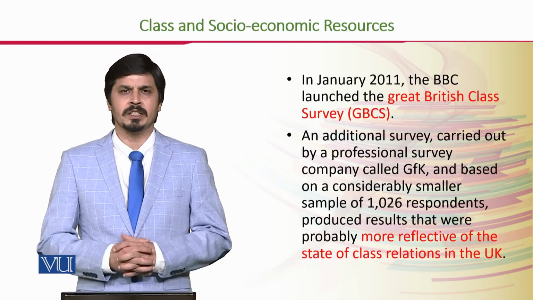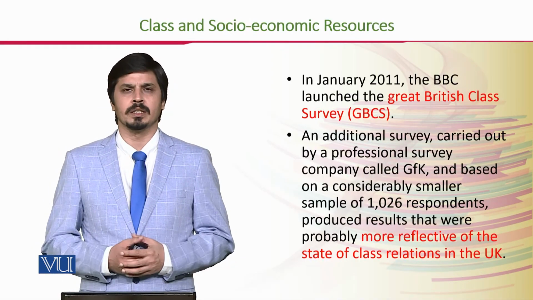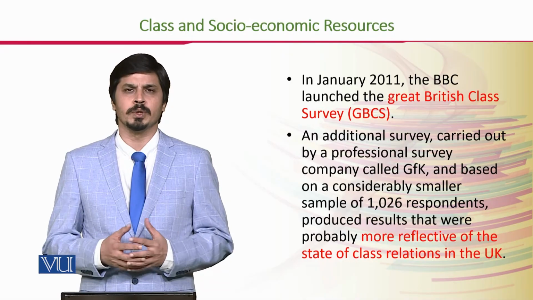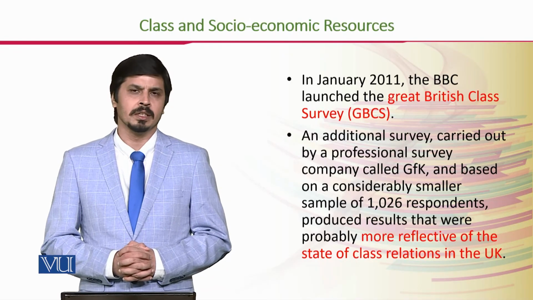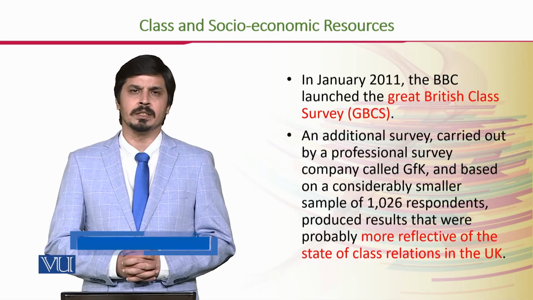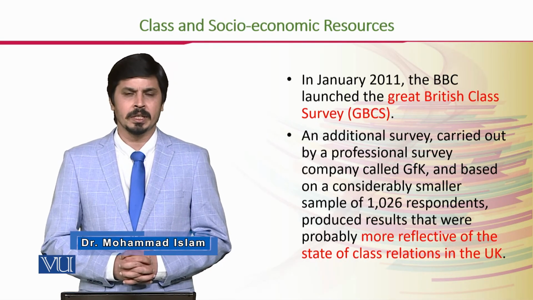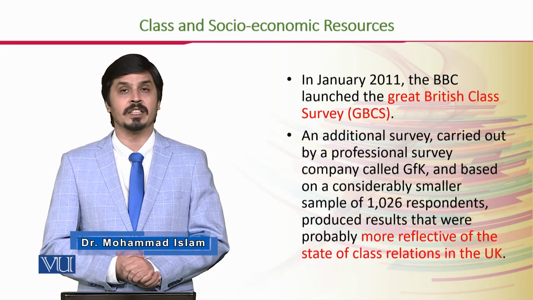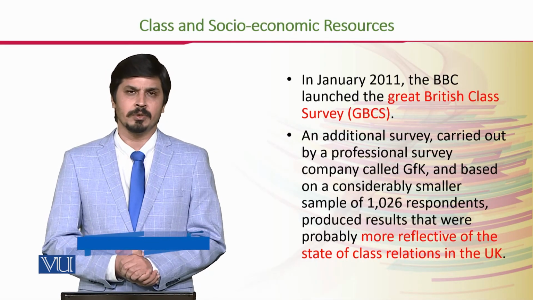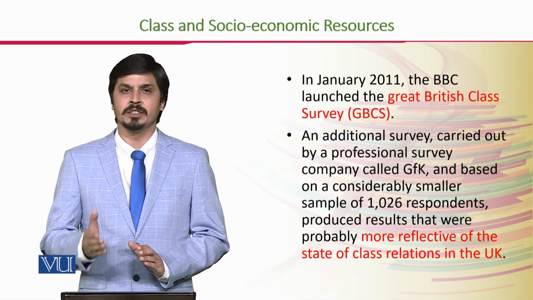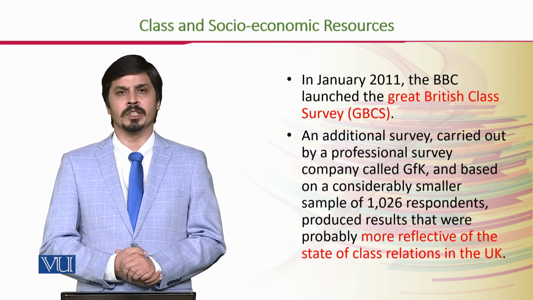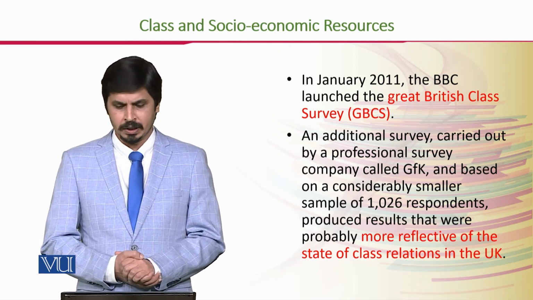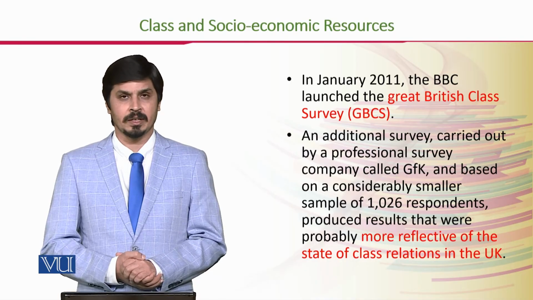In order to understand this, I'll just try to explain a couple of surveys in front of you which were conducted in the United Kingdom in the year 2011. BBC conducted a survey which is generally called the Great British Class Survey, and another survey of similar nature was conducted by another company which may be called GFK.